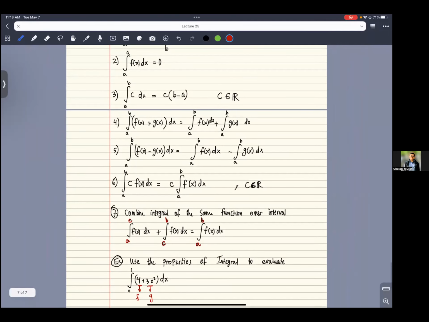Which property do I have to use first? Number 4, correct. Look at number 4. They said if I have two functions, I can split it into the first function and the second function. So I can break down the integral for the first one and the second one.